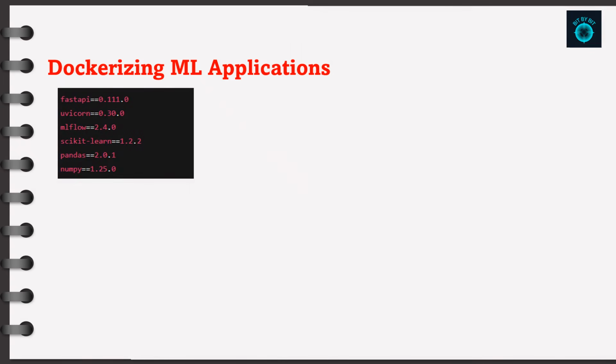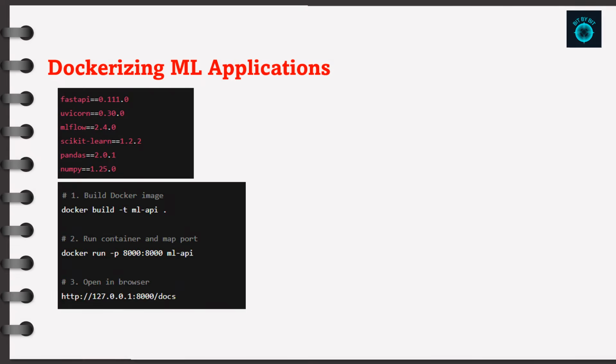Here is the requirements.txt file, which lists the dependencies our container must install. To build your Docker image, open a terminal in your project folder and type docker build -t ml-api . The dot at the end means build using the current directory.